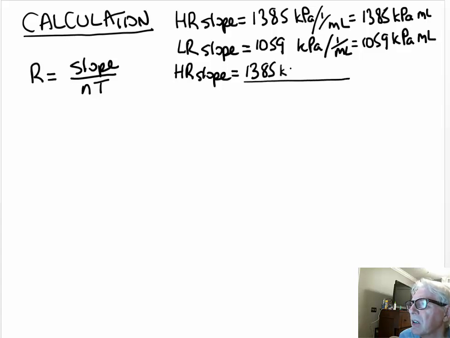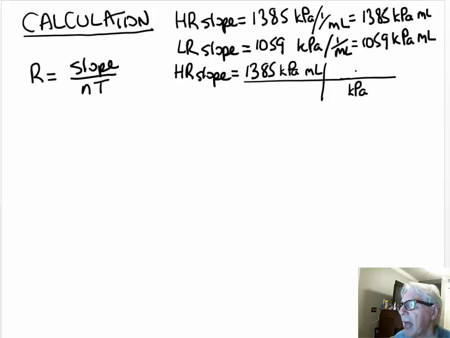So this is kilopascal milliliters, and I say, but I don't want it in kilopascal, I want it in pascal. So I put kilopascal on the bottom and pascal on the top, and 1 kilopascal is 1,000 pascals. So I can get rid of that bit.